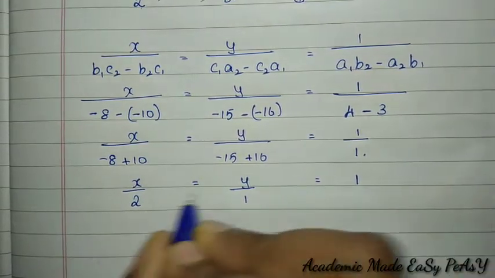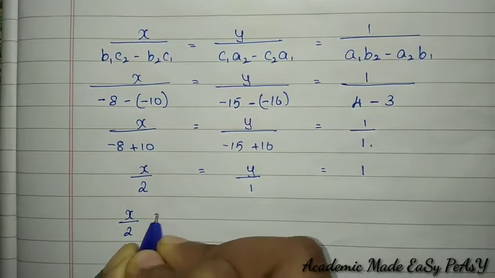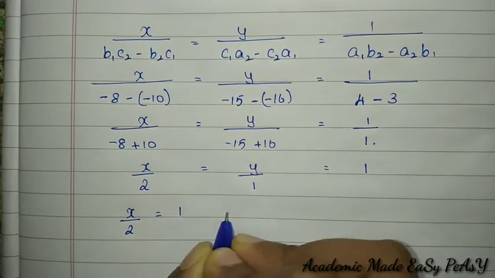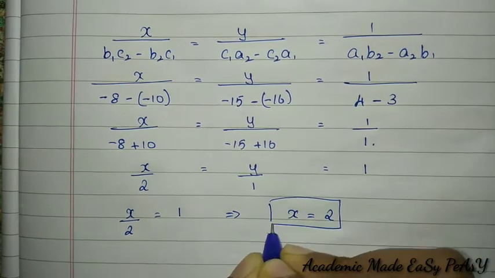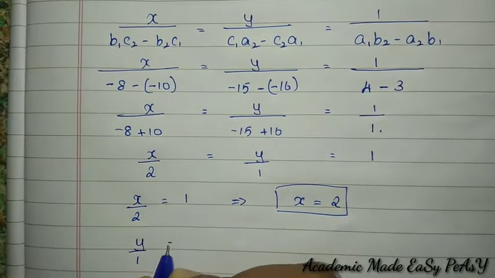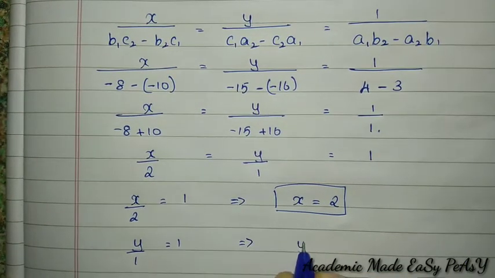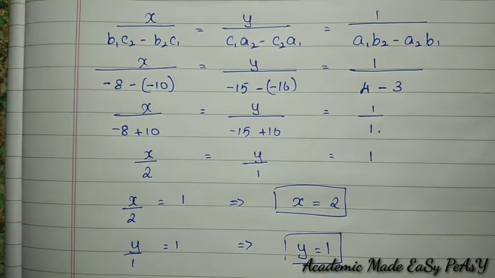Now I can just equate it to 1. So x divided by 2 is equal to 1, it implies that x is equal to 2. Yes, my x value is 2. Then y by 1 is equal to 1 implies my y value is 1. So x is equal to 2 and y is equal to 1.